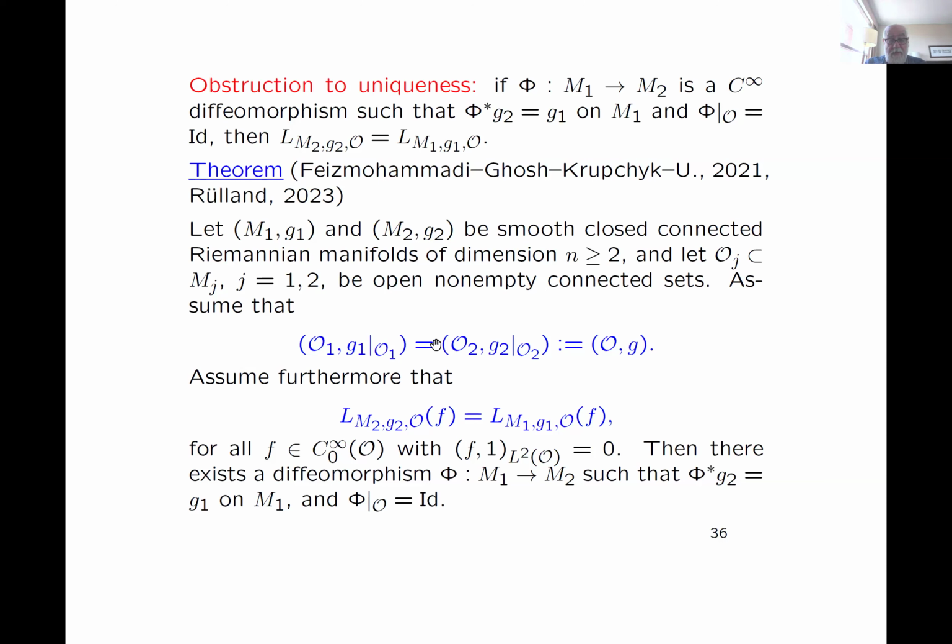I assume that you know everything about the open set. In fact, I think you can actually recover the metric in the open set as well, but let's assume it. And you have the Dirichlet to Neumann maps are the same. Then there is a diffeomorphism that pulls back one metric to the other, and the diffeomorphism is the identity in the observation set.